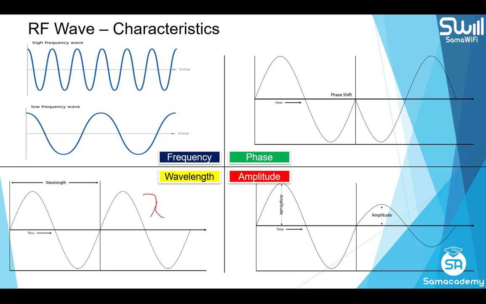Wavelength is represented by lambda, and it is equal to the speed of light divided by the frequency itself. In this case, we can use, for example, the 2.4 gigahertz.